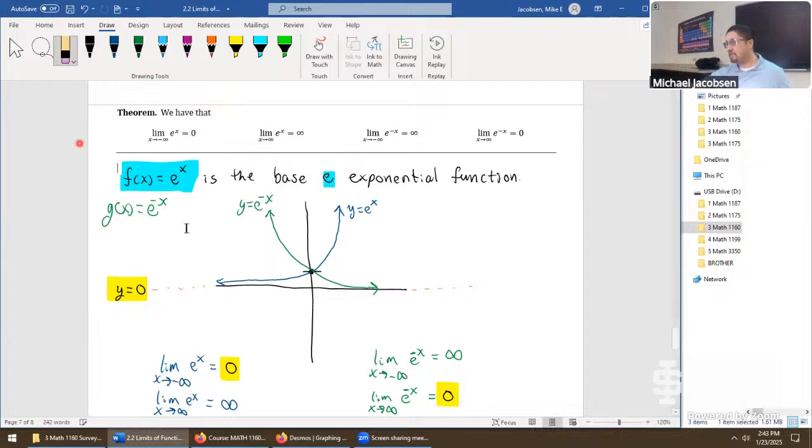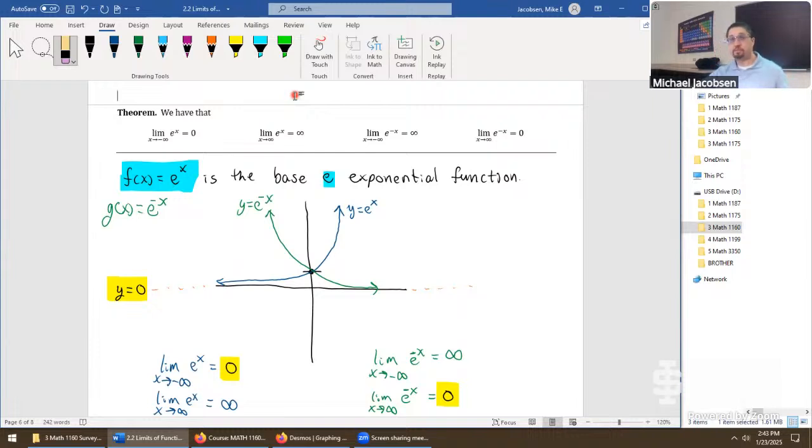At that stage, the information down below is still saying the same thing as all of this, but this is also an explanation at the same time. We're really just using the properties of the graph and its horizontal asymptote to get these 4 limits to come out. Next problems, we're going to work with these limits and see what kind of exciting applications they could get involved in. Then we'll turn into the next section, 2.3.